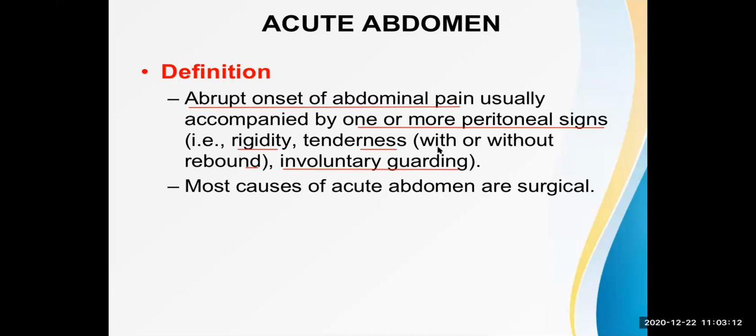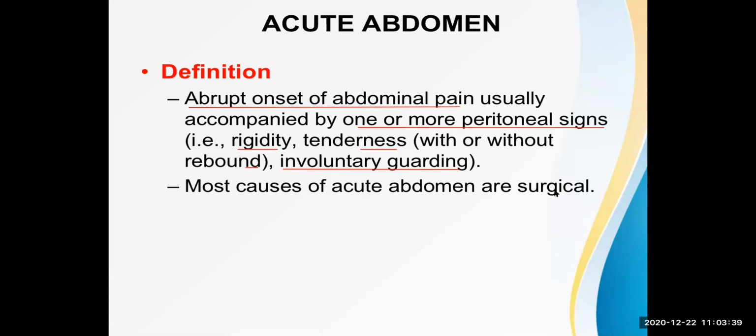Let me clarify this. A person has come to the emergency department with a complaint of abdominal pain just for 1 hour duration, and before 1 hour he was absolutely all right. He was complaining of pain around the umbilical area, a little bit of nausea and vomiting as well.